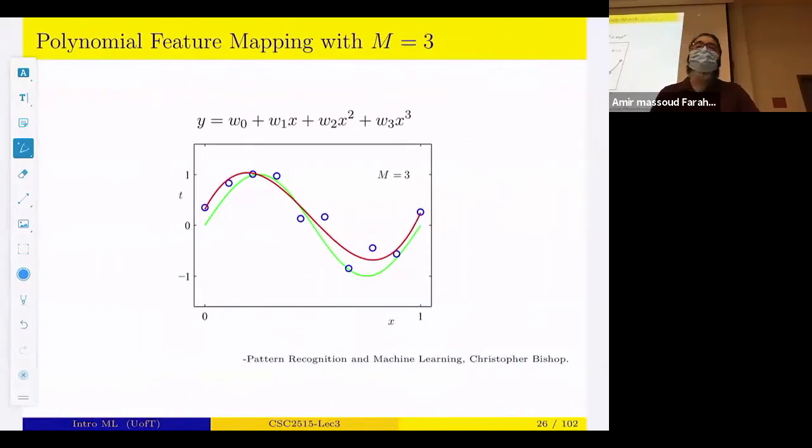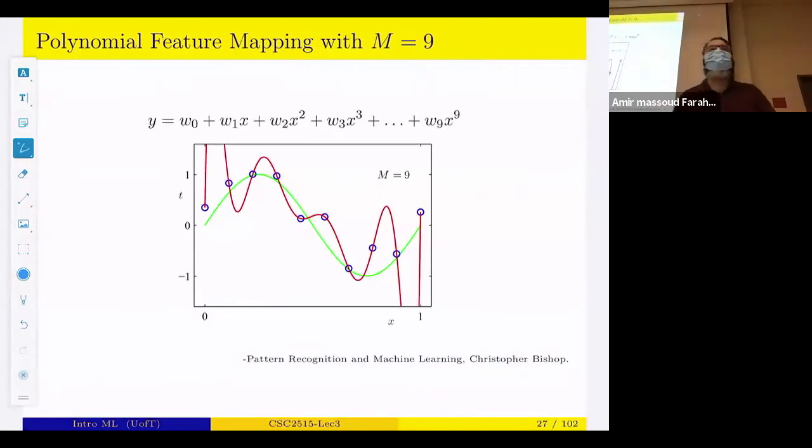If we increase the order of expansion, including x squared and x cubed, we get a pretty good fit to the data. And if we do this again with up to x to the power of 9, we see something interesting. The fit is very good, actually. It passes through all the data points.